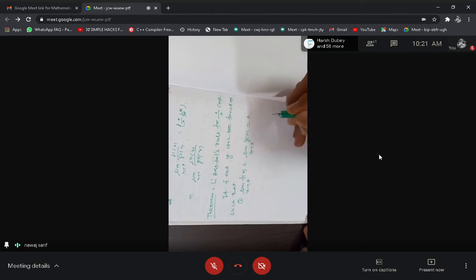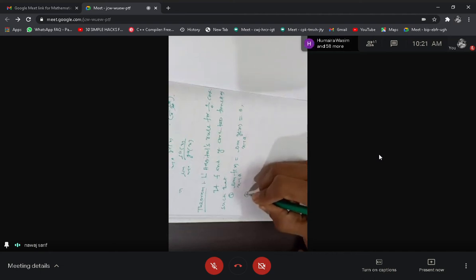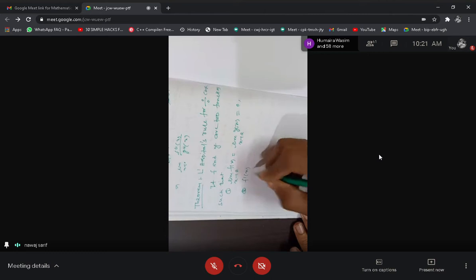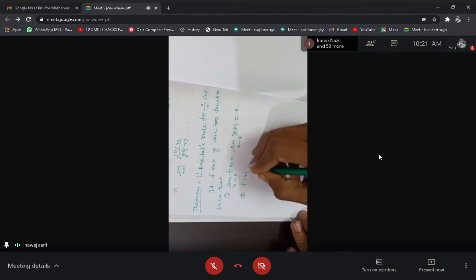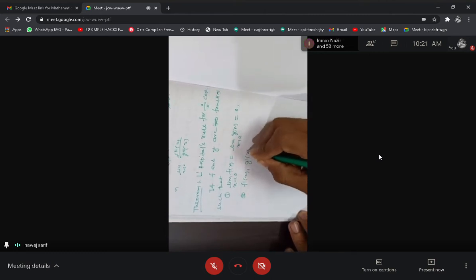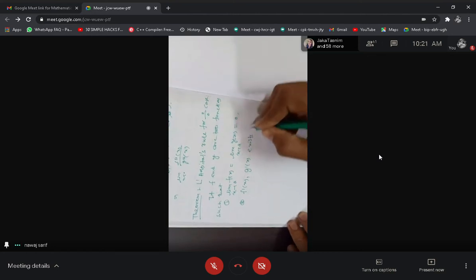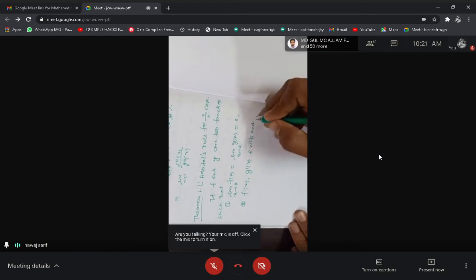This is 0. And number two, f dash x, that means derivative of this function must exist. F dash x and g dash x exist, and what will be the condition for g dash x?